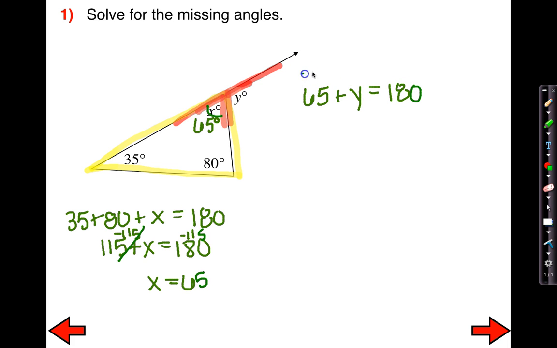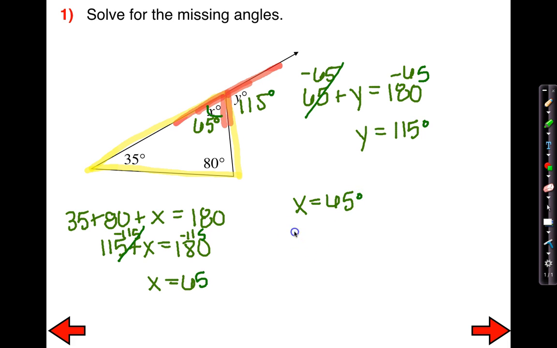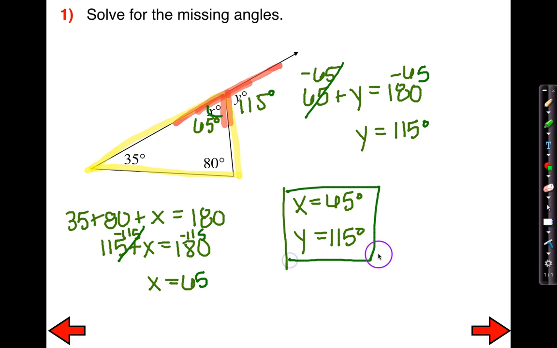So to solve for Y, simply subtract 65 from both sides, and I'm left with Y equals 115 degrees. So to answer the question, I would say X is 65 degrees and Y is 115 degrees. And that would be my answer.